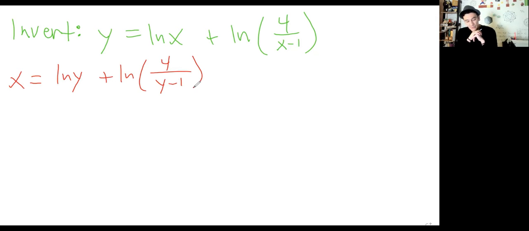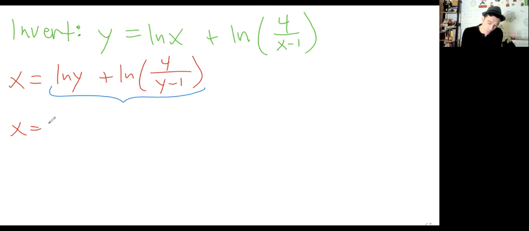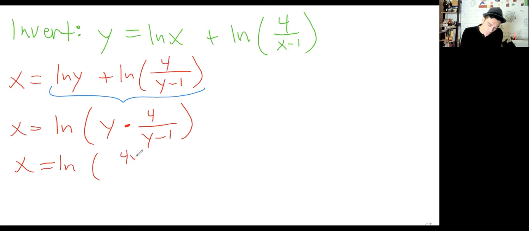And we have two natural logs together side by side here on the right. And based on property 1, we can combine the two logs into 1. So that'll be y times 4 over y minus 1. And this would be 4y over y minus 1. We're trying to get y alone now, right, to find the inverse.